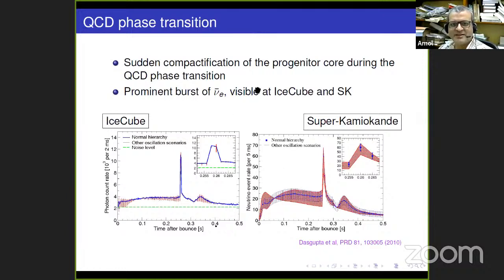So indeed we can observe this quark-gluon plasma formation at IceCube or Super-Kamiokande. I don't have a slide on this, but it is also true that suppose a supernova doesn't explode and a black hole is formed instead, we also can get signals of black hole formation by looking at these neutrinos.